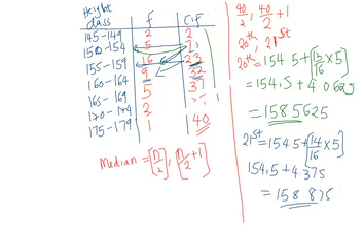We take the upper class boundary of the class where we have 7 as the cumulative frequency.